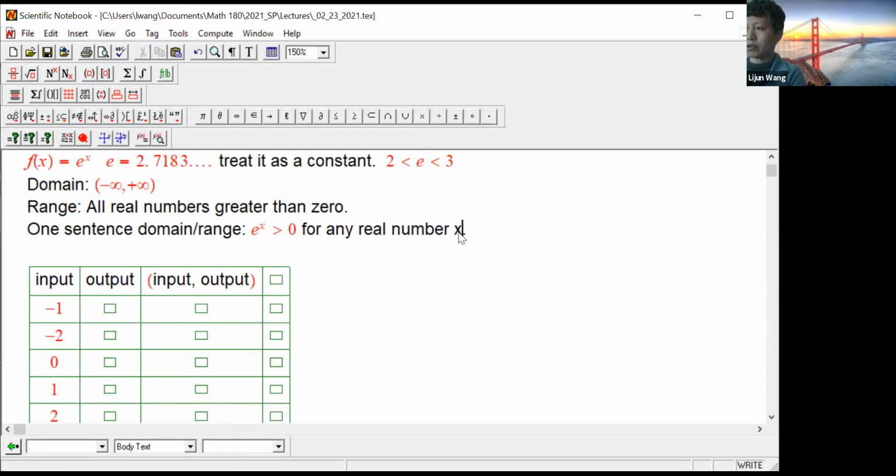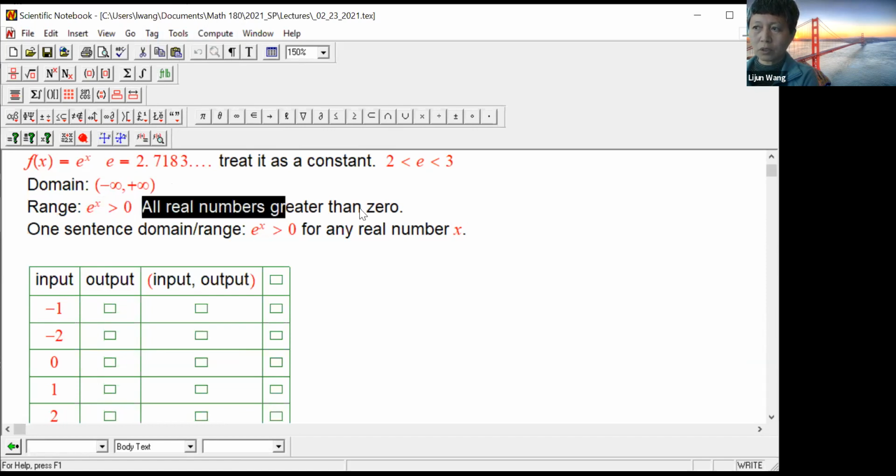This sentence is super duper useful. So another version for range is e to the power x larger than 0. This is a preferred version. And this is the words to understand. And this is its translation.